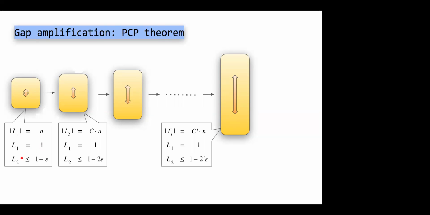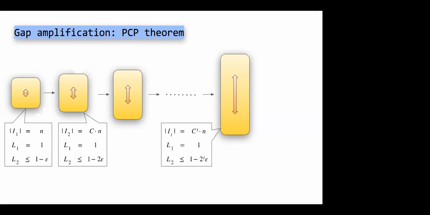And in the language L2, we know that the maximal fraction of satisfiable constraints is 1 minus epsilon. And this reduction grows this gap a little, so epsilon turns to 2 epsilon, and the size of the instance grows proportionally.